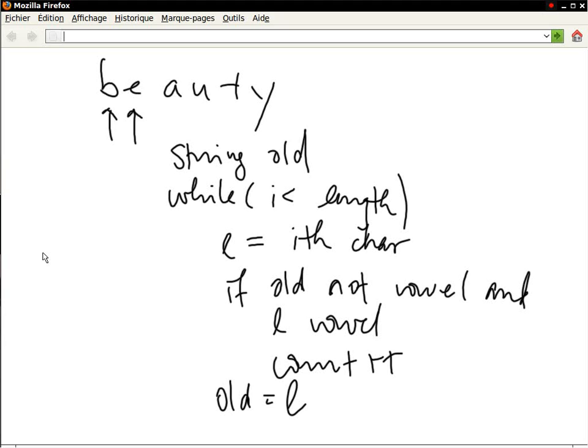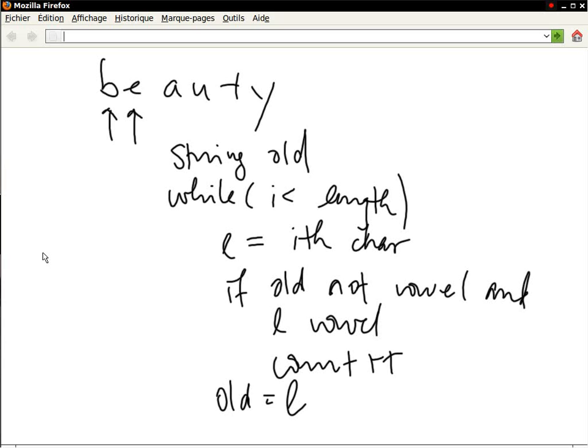They remember the previous one in a variable that I call old. Every time that they are done with a loop, they remember the previous one in this variable. And then when you come back, you have the previous one stored in that variable. And then you can compare the old and the new.